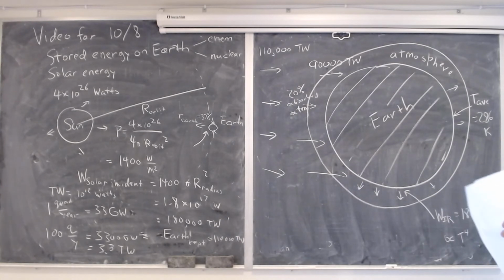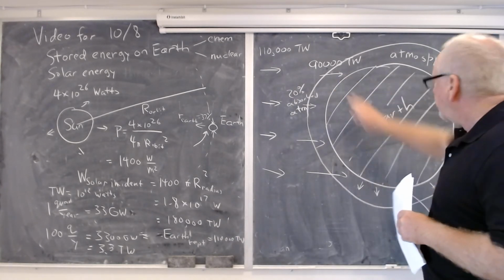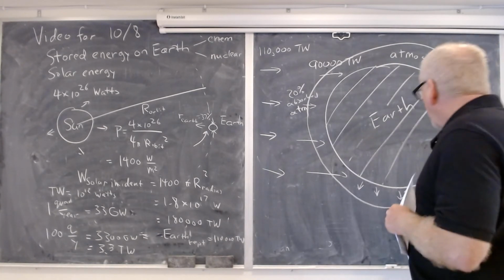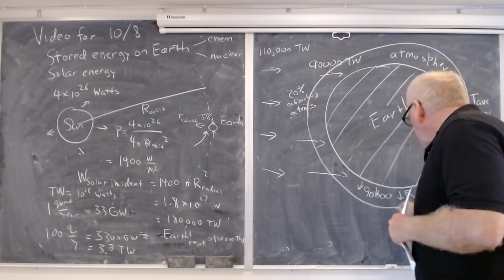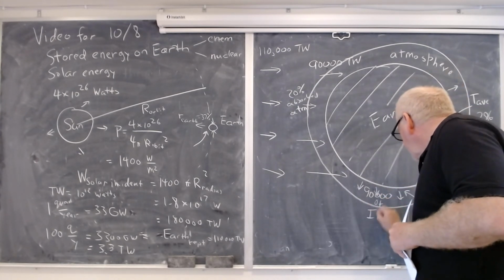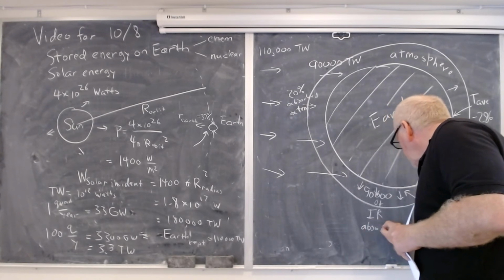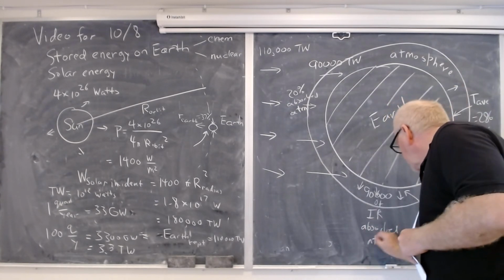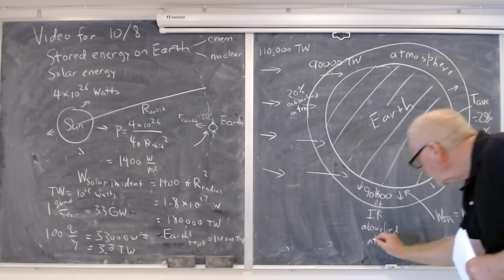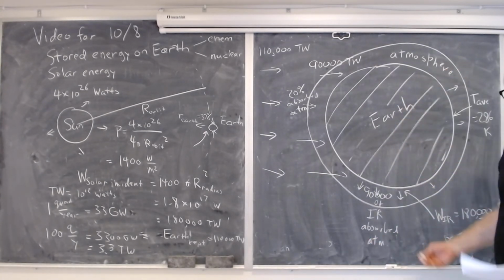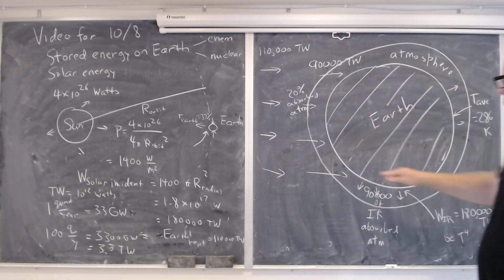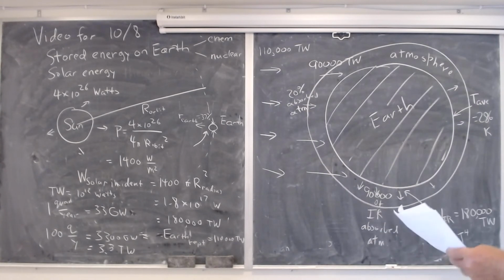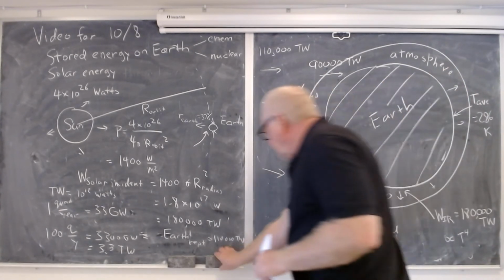And so what's going on here? Well, the difference between 90,000 and 180,000, or 90,000 of the IR is absorbed in the atmosphere. And then the planet is in energy balance. Because we have 90,000 terawatts incident upon the Earth's surface, oh, I'm sorry, the other way around, 70,000.